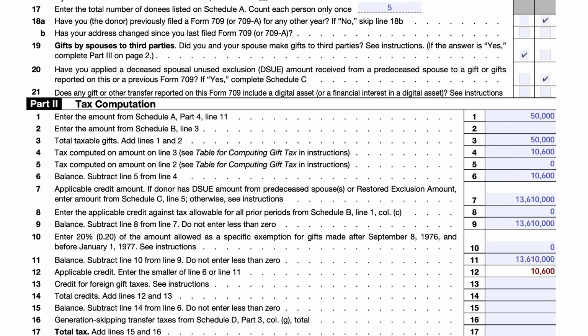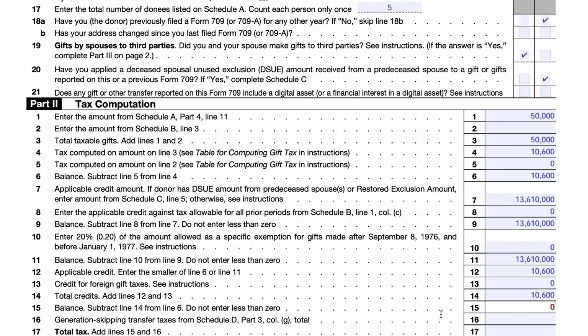So clearly we will not owe taxes. We just need to complete the calculation and then keep this as a running tab for future gifts. If you had a credit for foreign gift taxes that you paid, you would enter that here. We don't, so we won't. The balance would be subtracting this from this, which ironically is 0.